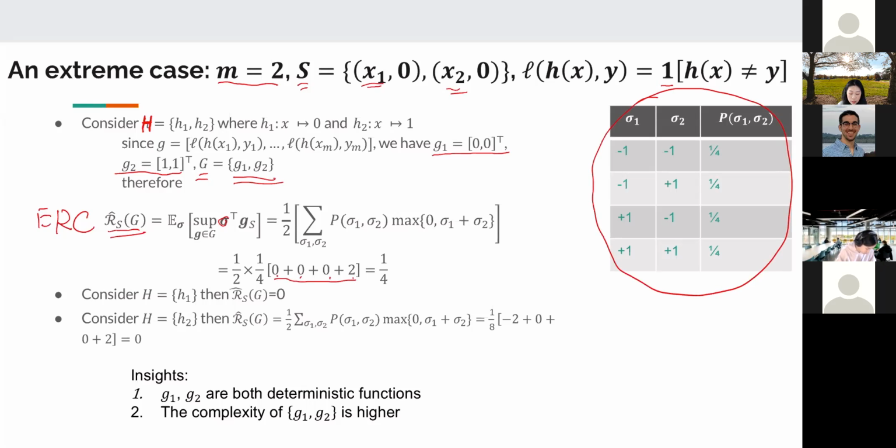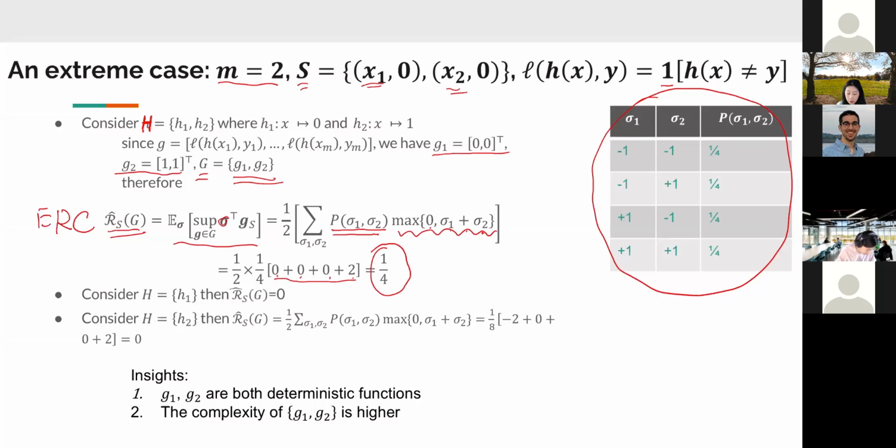What's interesting here is that you're multiplying with the probability, but you're also looking at the maximum of 0 and sigma 1 plus sigma 2. So this is nothing but a calculation of this, and based on that you get 1 over 4. This is the empirical Rademacher complexity.